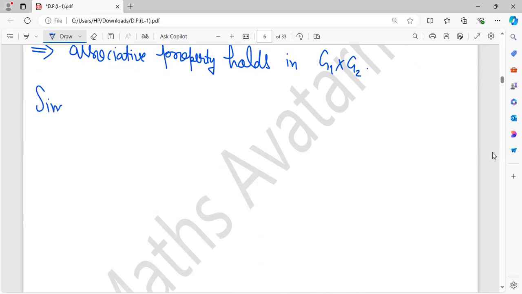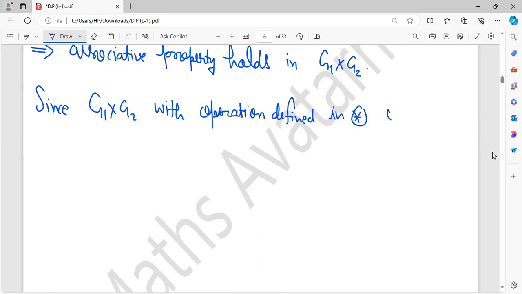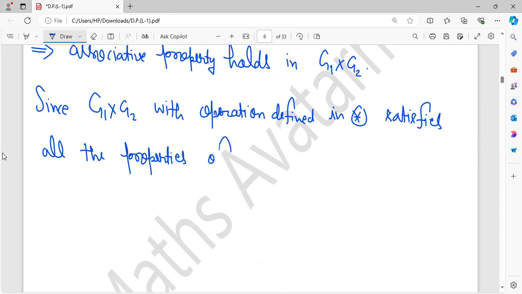Since G1 cross G2 with the operation defined with star satisfies all the properties of a group.